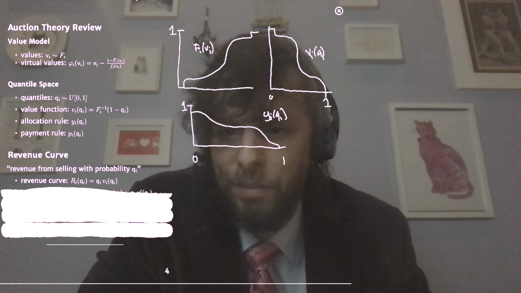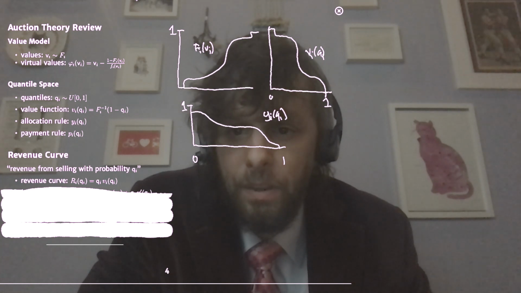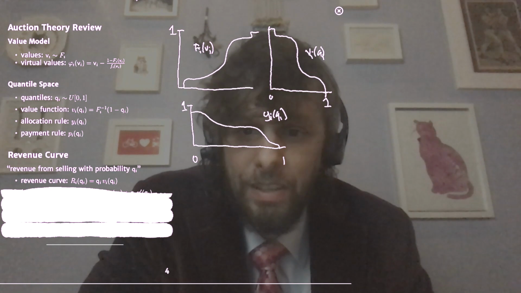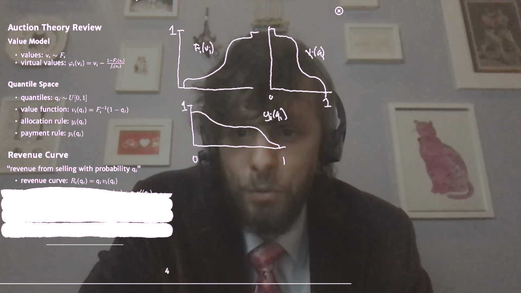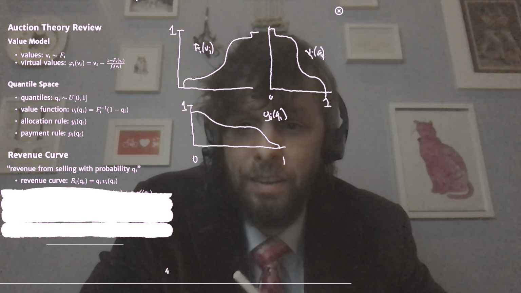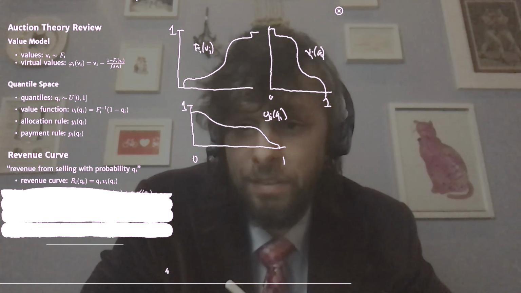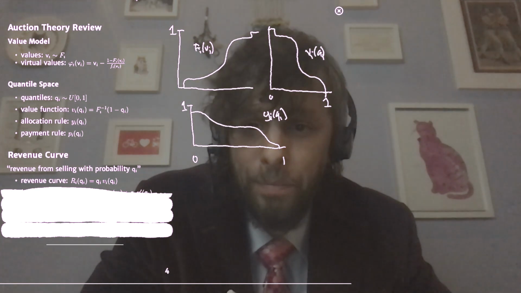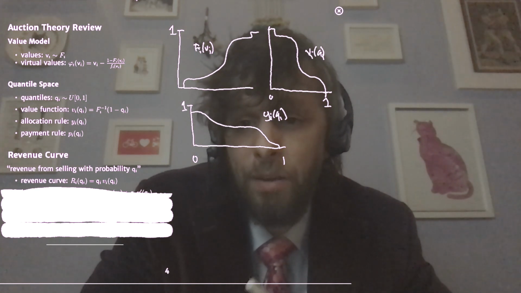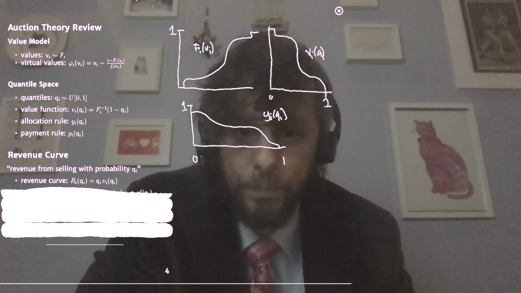So the revenue from selling to an agent with probability q_i: one way to sell to that agent is to post a price equal to v_i of q_i. This is the value of the agent with quantile q_i, and a q_i measure of agents from this distribution are going to buy at that price. And so I sell with probability q_i, and my revenue is q_i times v_i of q_i, the price I post.